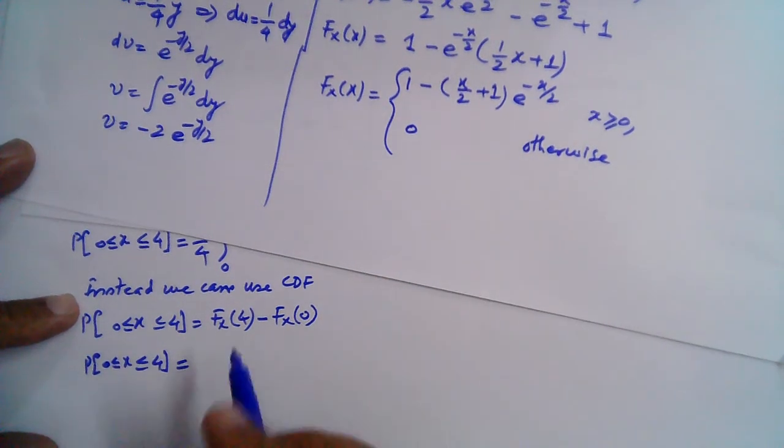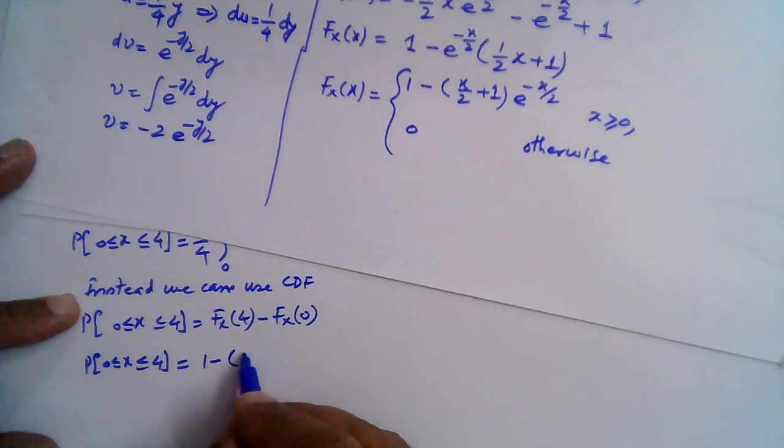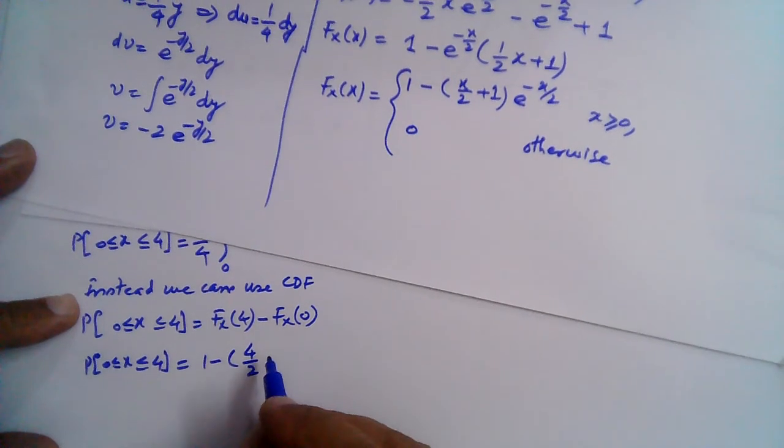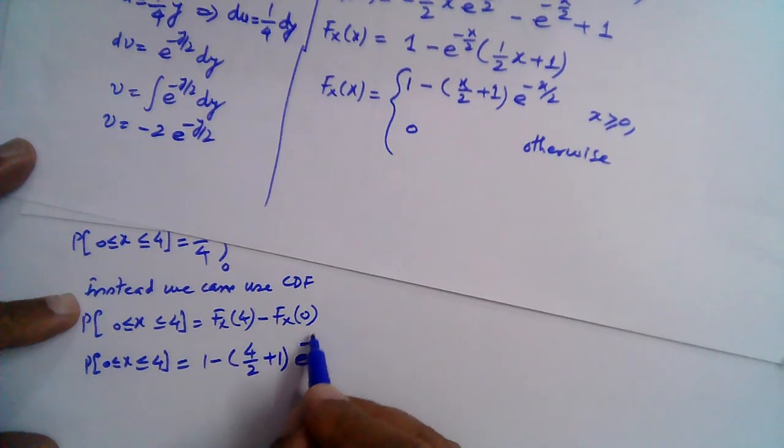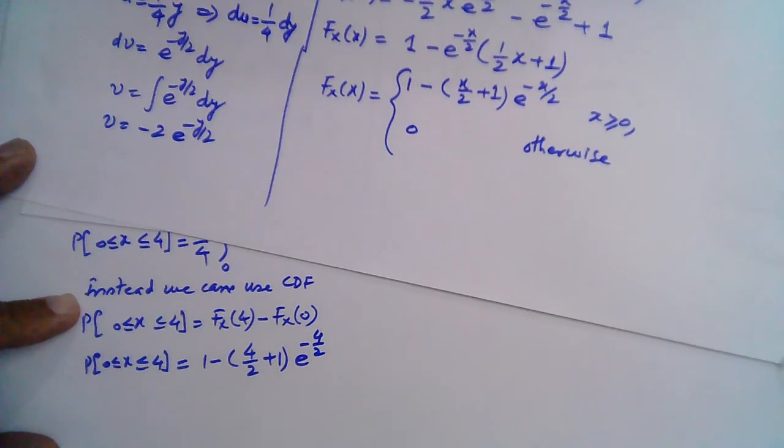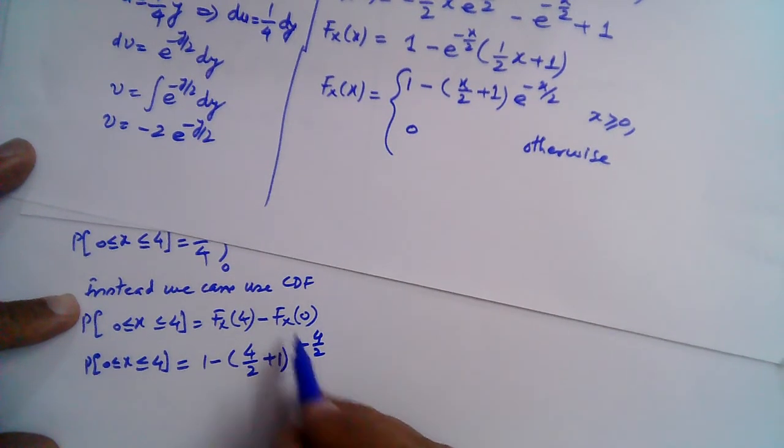So this will be 1 minus 4 over 2, right? Plus 1, e raised to the power minus 4 over 2. And then we subtract the value of the CDF at 0.